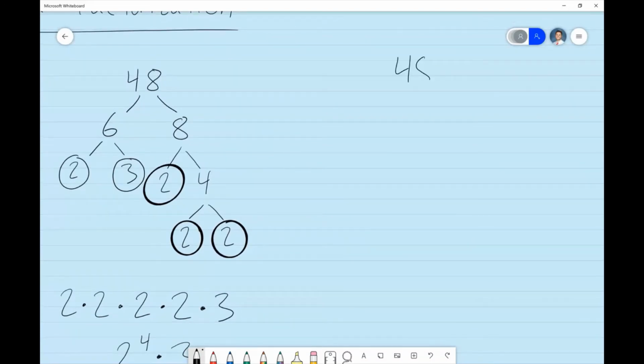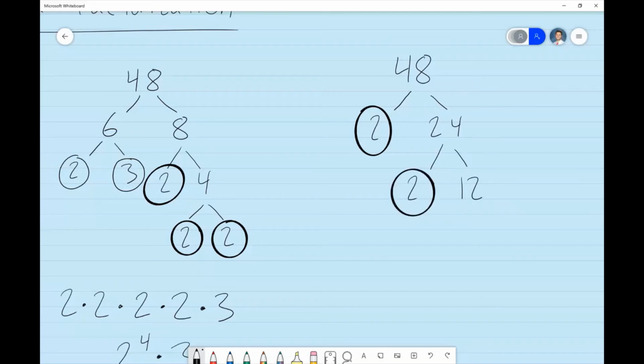So let's take a look again at 48, and this time we'll do 2 and 24. We can see already 2 is a prime number. We can circle that. 24, we could do 2 times 12. Again, 2 here is prime. Could do 2 times 6. 2 is prime. And 2 times 3.